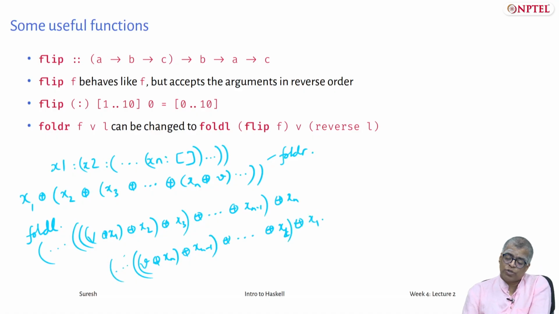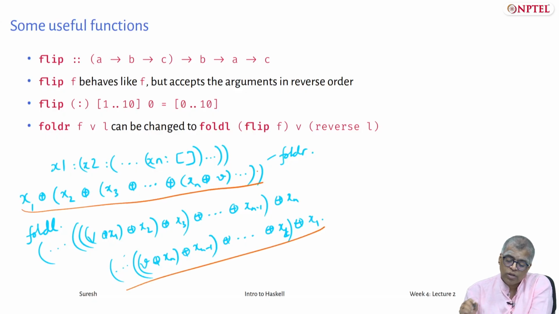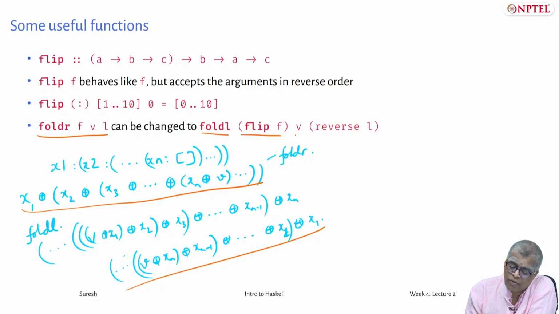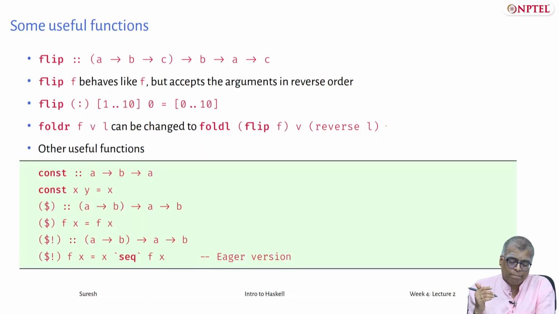If you take this expression and reverse it, you will get the foldr expression. That is really what we mean when we say that foldr f v l can be changed to foldl (flip f) v (reverse l). So that is another way in which you can relate foldr and foldl.